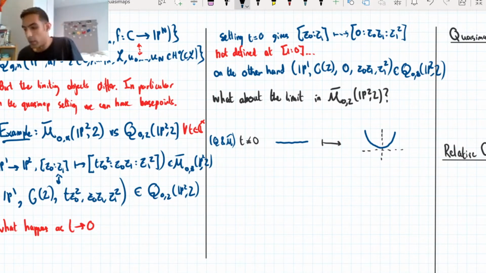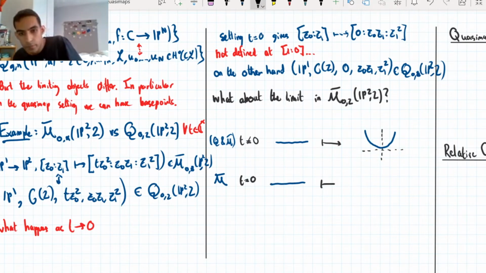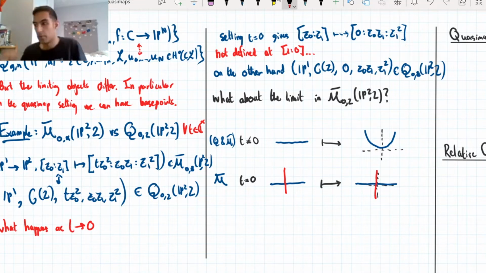And when t is 0, what is this map? The Gromov-Witten map is what you do is you map degree 1 here, but then you add in another component, and you also map it degree 1.